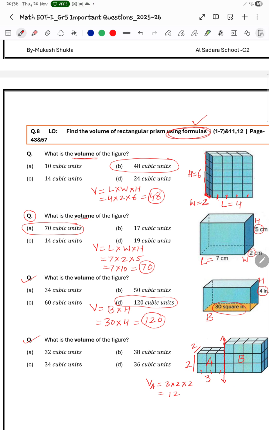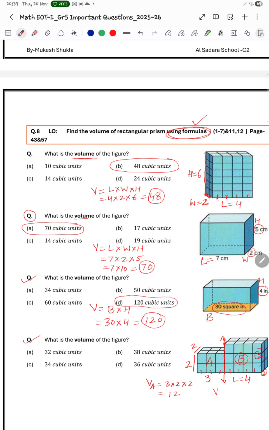Like this. In block B, this length will be 1, 2, 3, 4. So 4. And width will be 2. And the height is 3, because 1, 2, 3. So height will be 3.